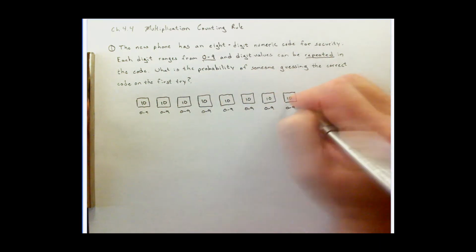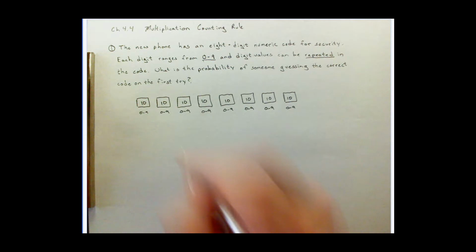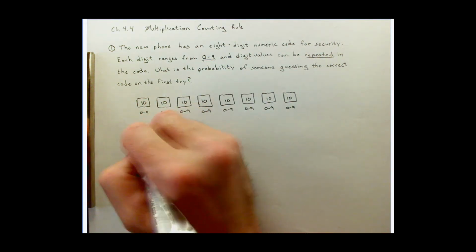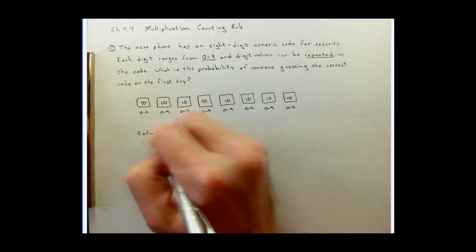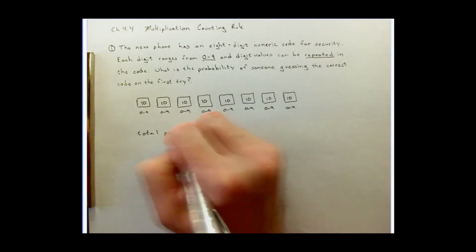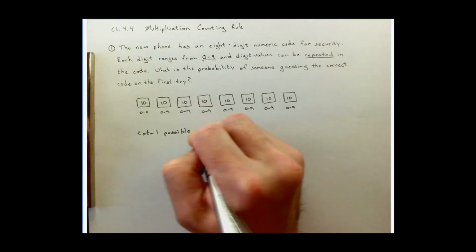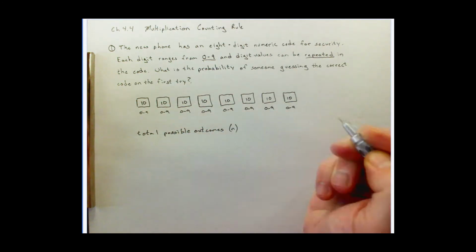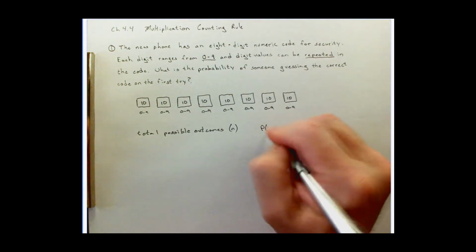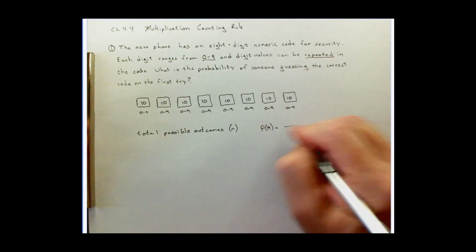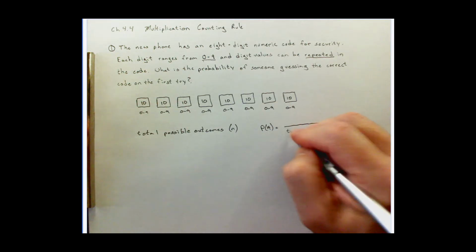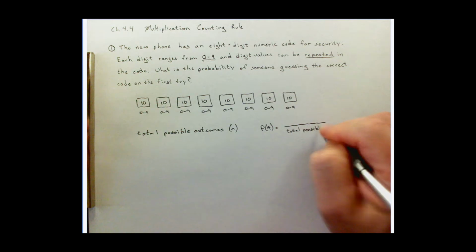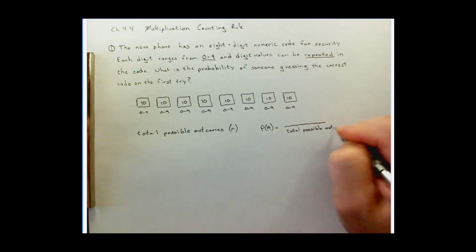And simply following the multiplication counting rule formula, what I'm looking to find is my total possible outcomes, and that is n, which is simply our basic probability formula denominator, total possible outcomes.